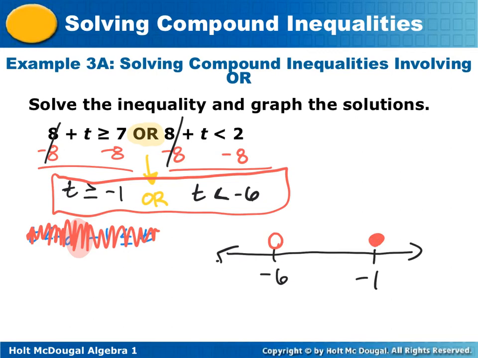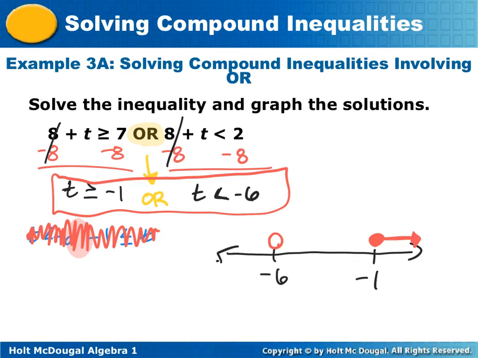Now, I've probably programmed into you that it uses the word or. It's got to go in opposite directions. But let's just look at each one and show you that if you forget that, you can still figure it out. If you view this first one, t is greater than or equal to -1. Well, if something is greater than, does it go to the right or to the left? To the right.